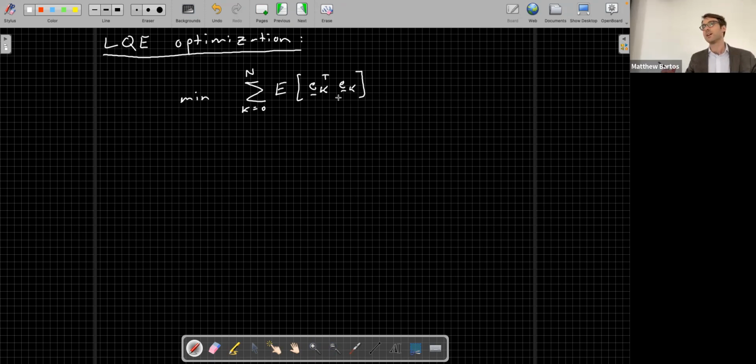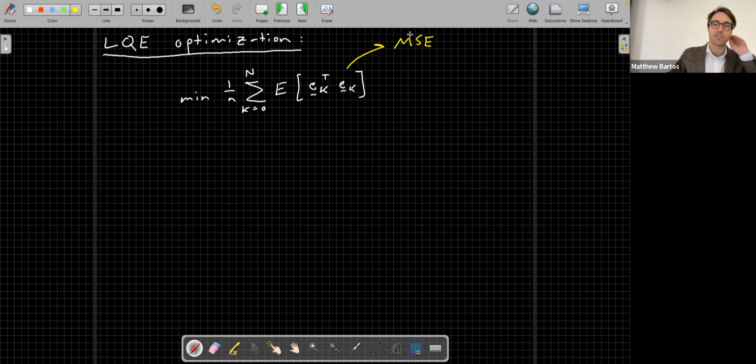Because the error is stochastic now, because we're adding in random vectors, we can no longer just evaluate this deterministically. We have to look at the expected value of the mean squared error. So this expression here is the mean squared error. Actually, I should put a 1 over n out front, for the dimension.